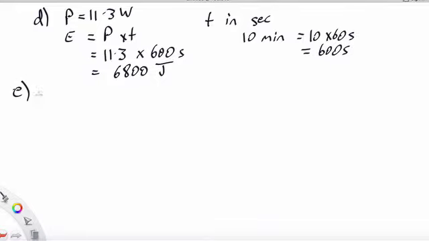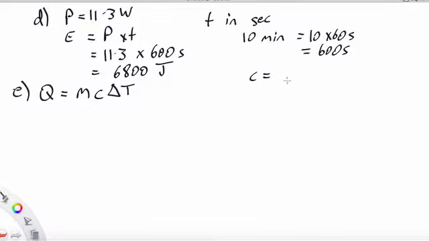Now for the last bit, we're using the equation that Q, which is the heat energy added to an object, is its mass times its specific heat times its rise in temperature. Now 6,800 joules is the amount of energy being added to this wire. We are given the specific heat.